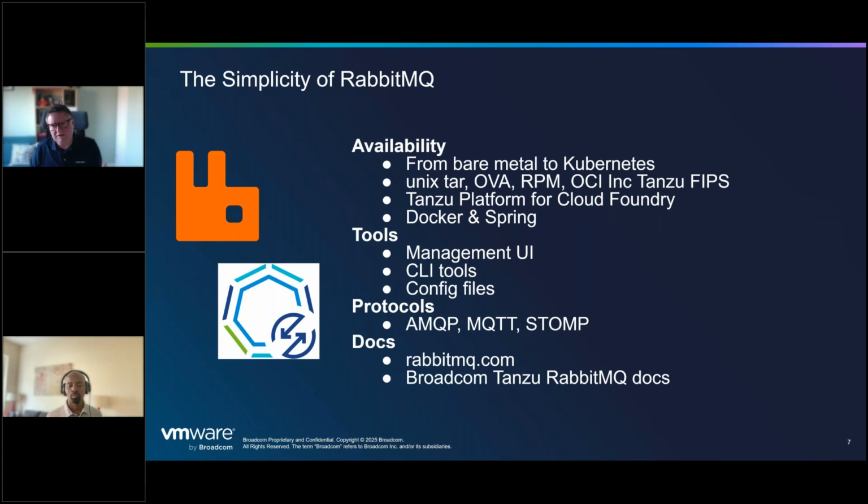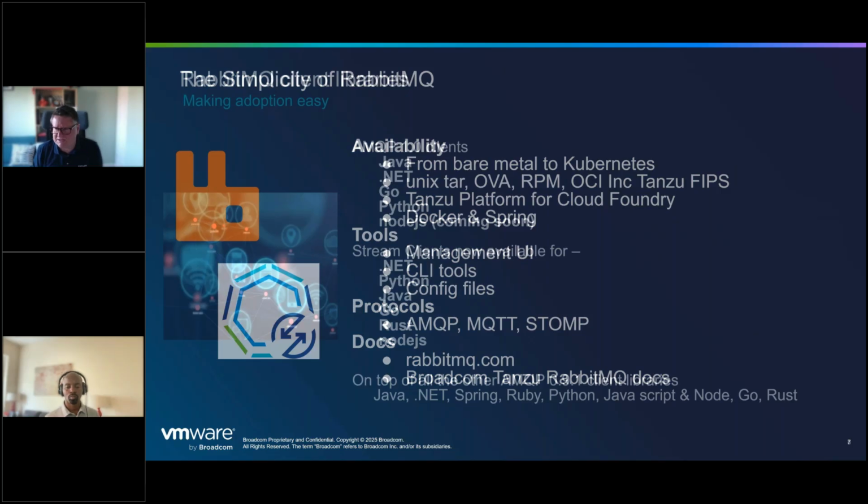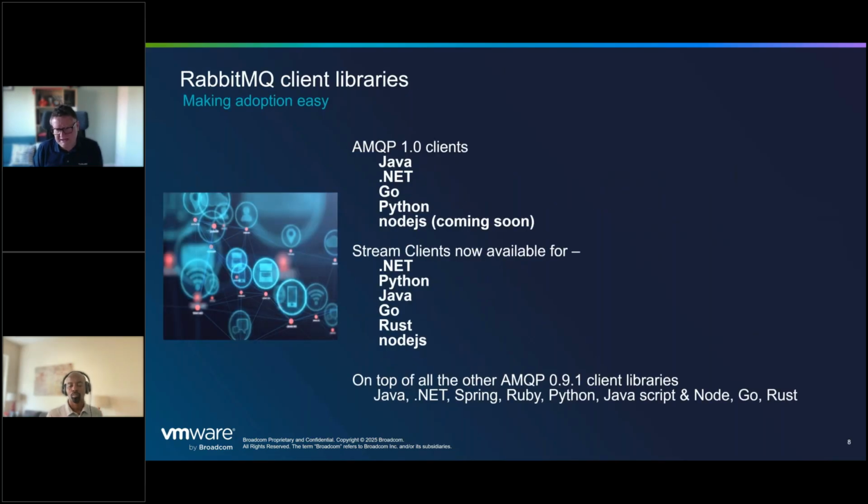But I'm talking here just about one side of the story, because it's easy to stand up an instance of RabbitMQ, as you're going to demonstrate a little bit further on, Greg. It's easy to get the instance up and running for the core server, but as I say, that's only half the story.